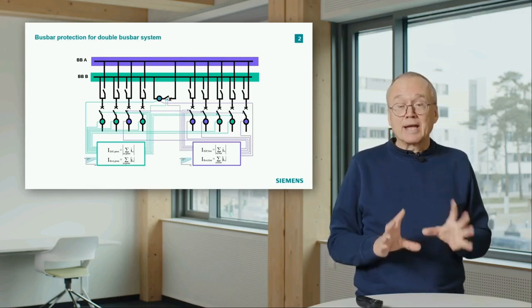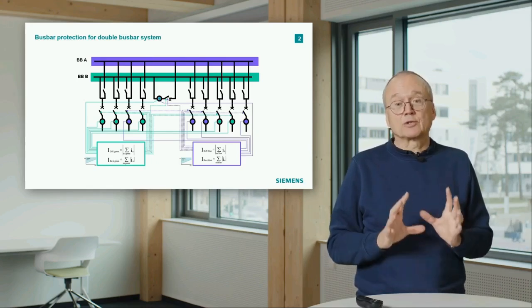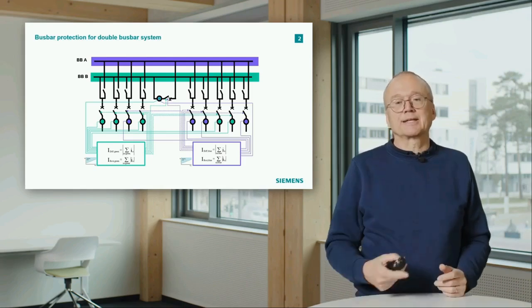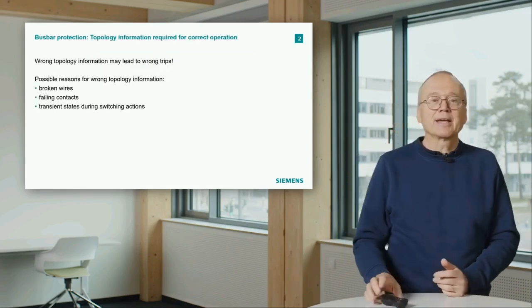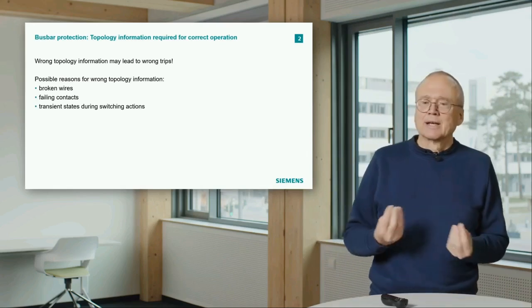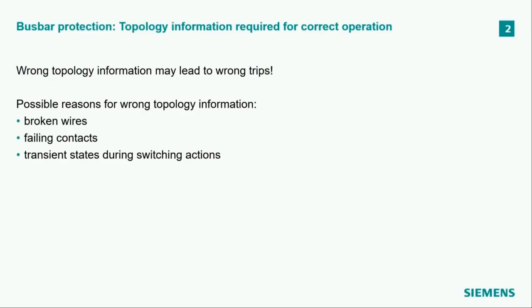That means you end up in a lot of wiring and contacts and so on, and there is always a risk that something in this topology information is wrong. And now it's important that we avoid that wrong topology information leads to wrong trips.